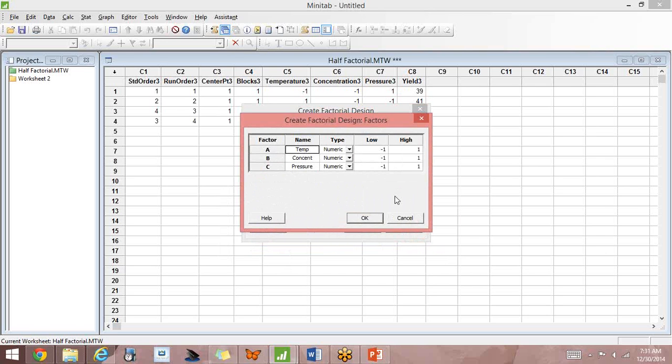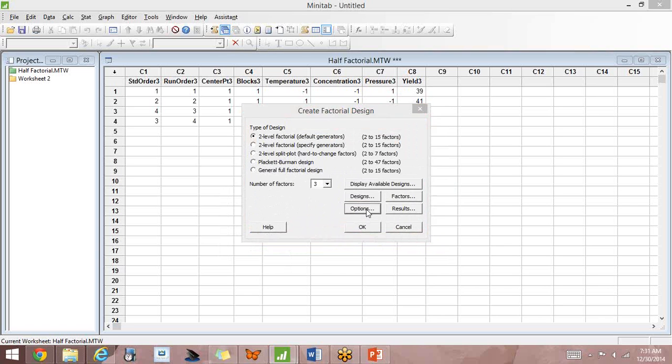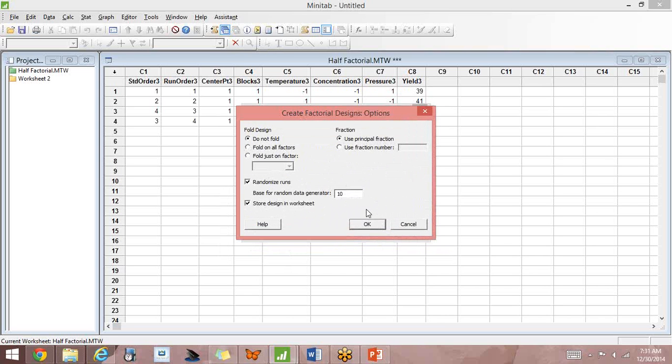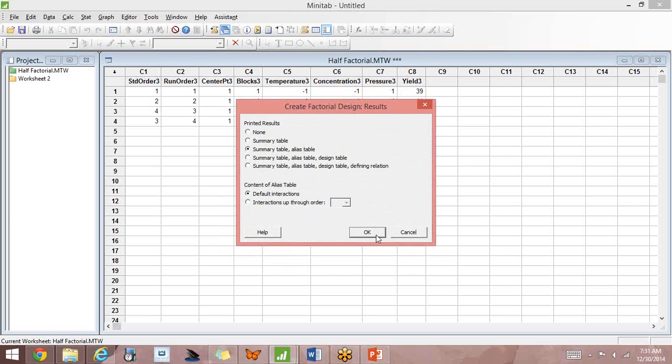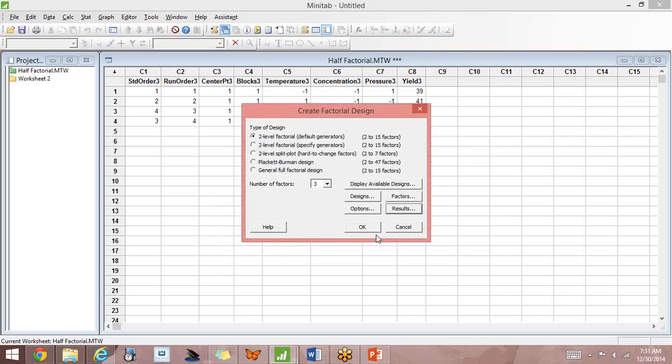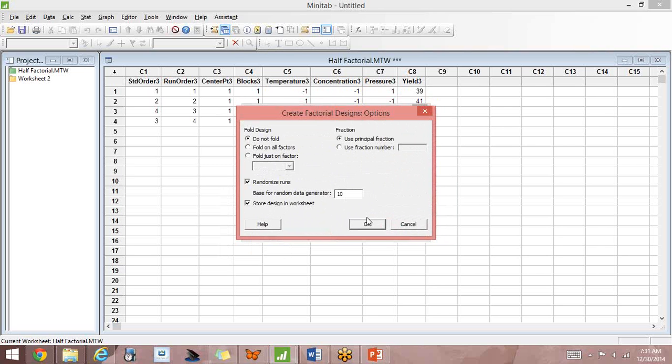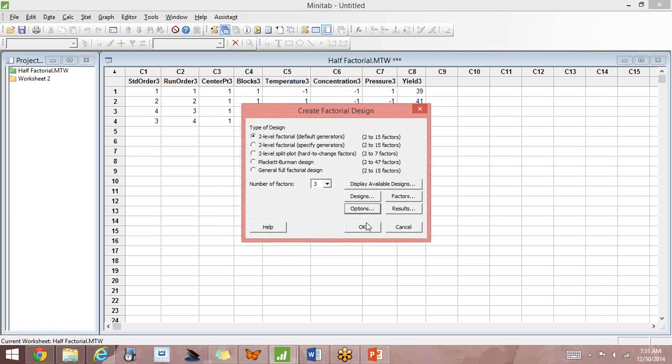Temperature, concentration, pressure, all the 3 factors are provided. I'm randomizing the run. This is also fine. I'm not folding it.